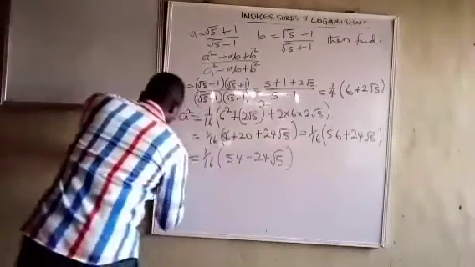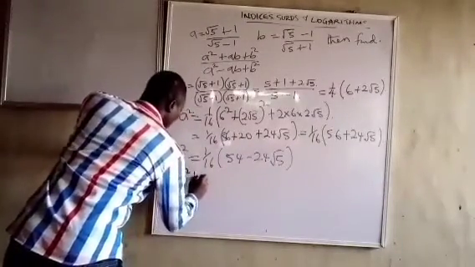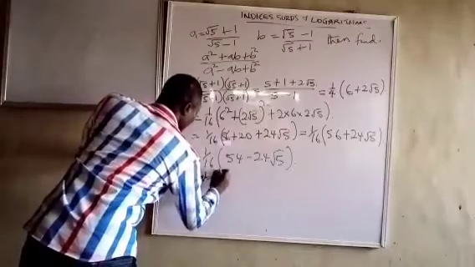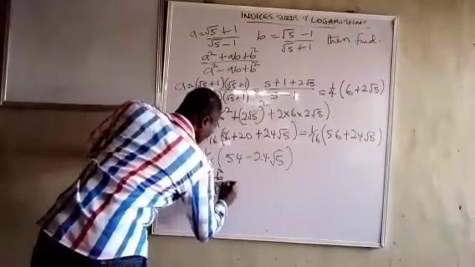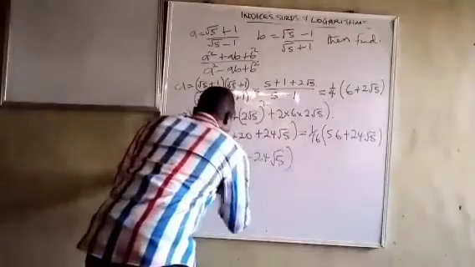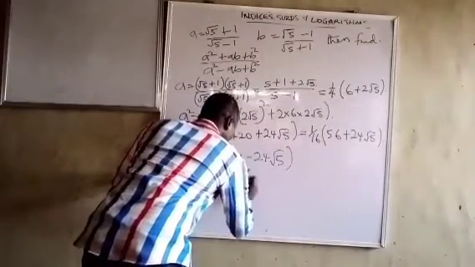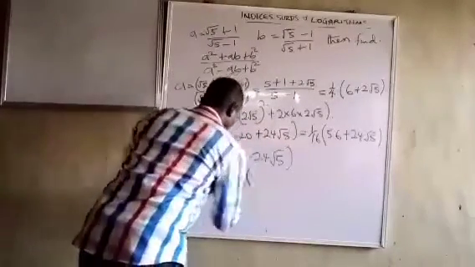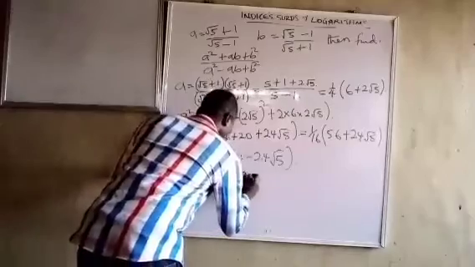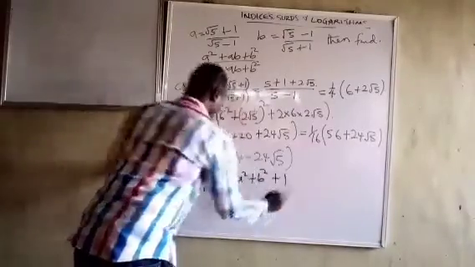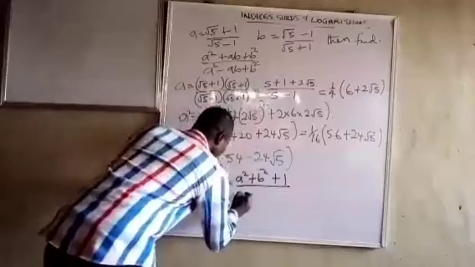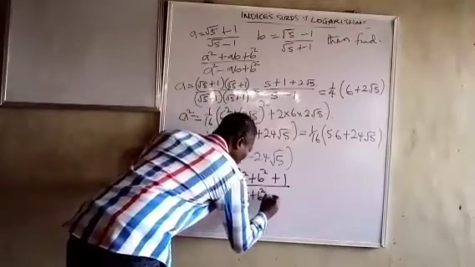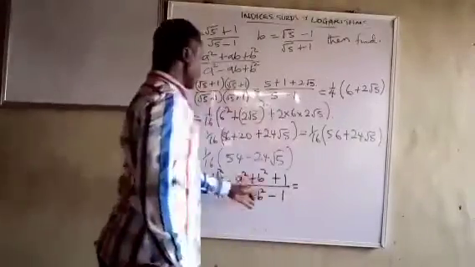Therefore, a squared plus ab plus b squared over a squared minus ab plus b squared is going to give us a squared plus b squared plus 1 over a squared plus b squared minus 1, because a and b are inverse of each other, so ab cancels out to be 1. And what is a squared plus b squared?